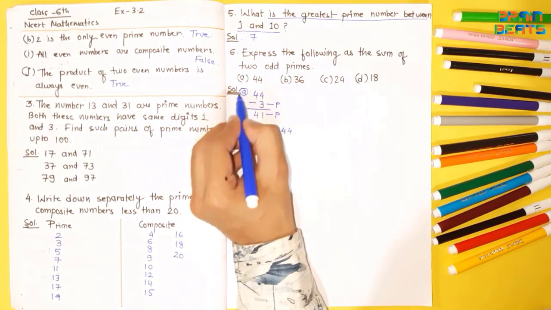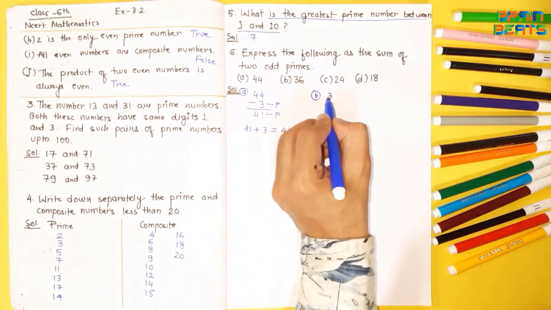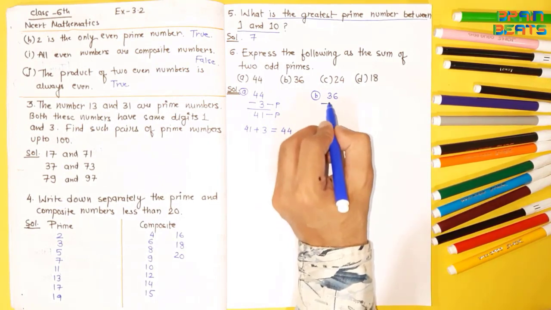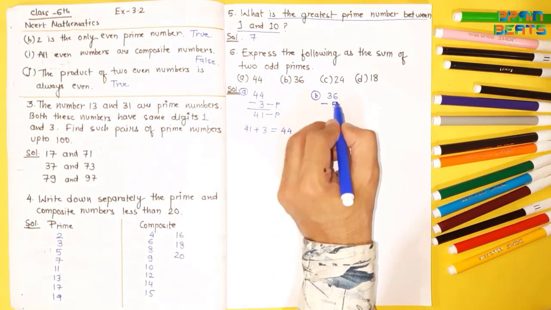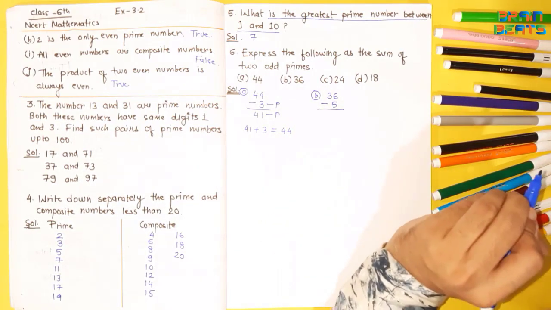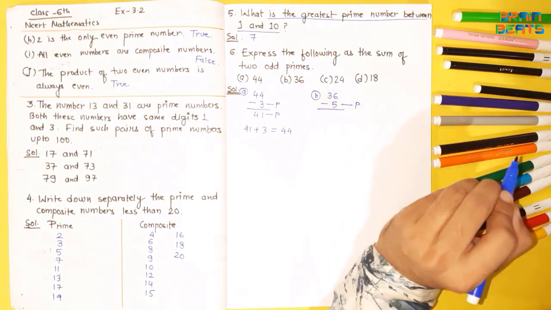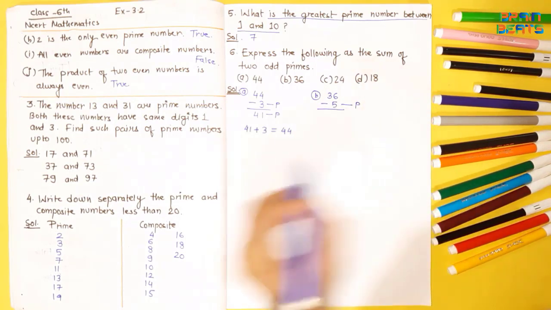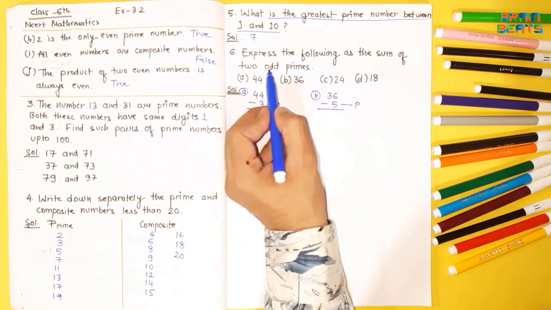This is A, and now we will solve B, that is 36. Again we take out another prime number, that is 5. Remember that we have to take out an odd prime, not 2, because 2 is an even prime and we have to make the sum of two odd primes.